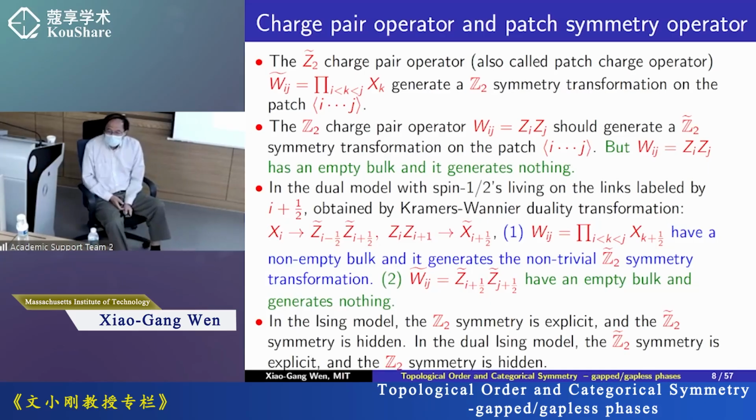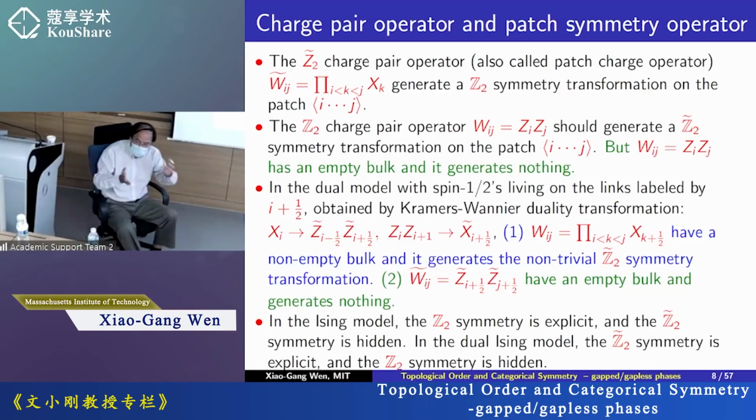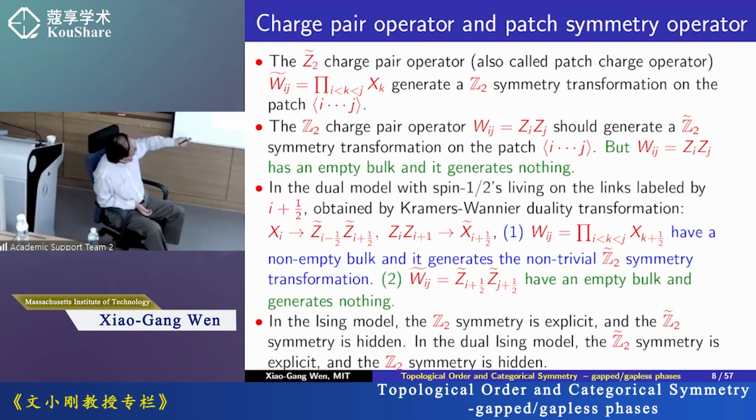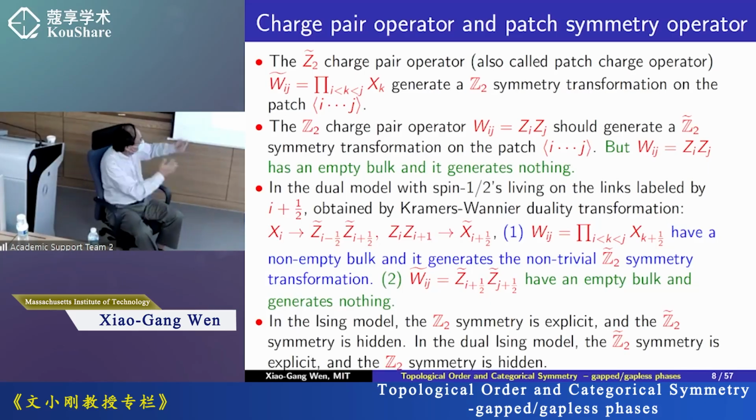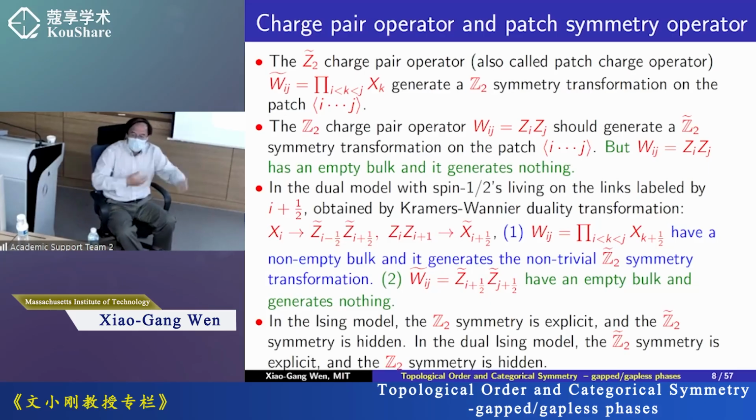So indeed we have this symmetry on really equal footing. Also the original string operator, which was doing the Z2 symmetry transformation, becomes a pair of empty-bulk operators in the dual model, which only create two dual Z2 charges. So from here you can see that putting two things together is a more symmetric way to look at this model.